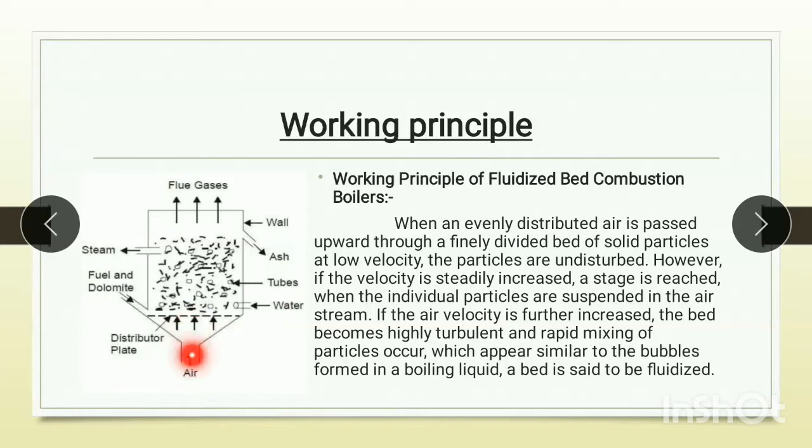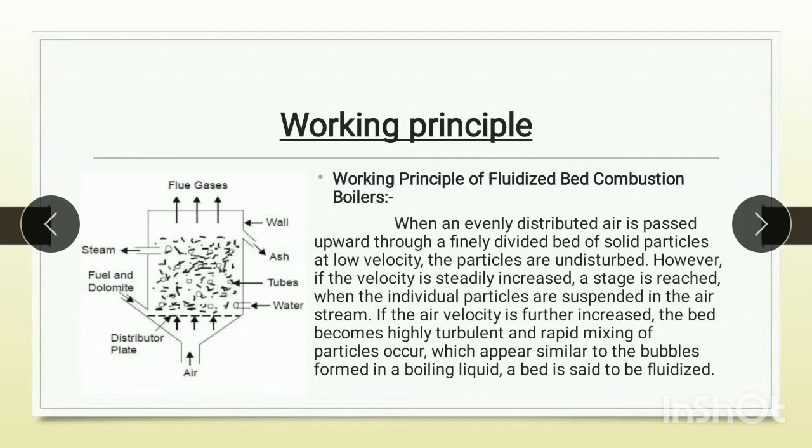By supplying this air, the particles get charged, or highly turbulent, and they start flowing around these tubes. Those particles carry heat, and that heat gets absorbed by these tubes, and the steam formation process starts. So this is how the fluidized bed combustion boiler works.